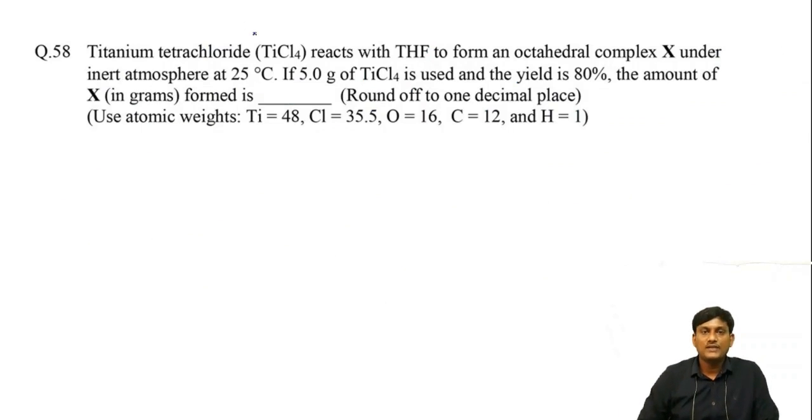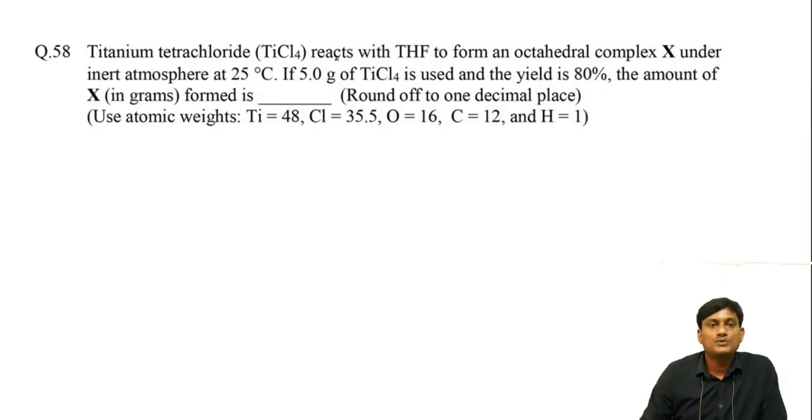Titanium tetrachloride reacts with THF to form an octahedral complex X under inert atmosphere at 25 degrees centigrade. If 5 gram of TiCl4 is used and the yield is 80%, the amount of X in grams formed is. Okay, what is the reaction?